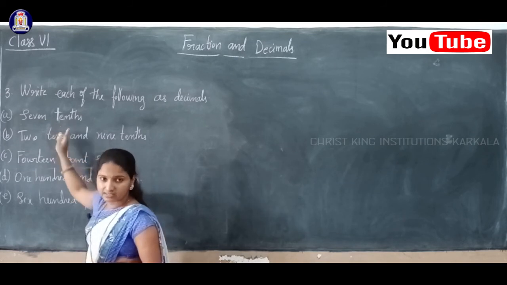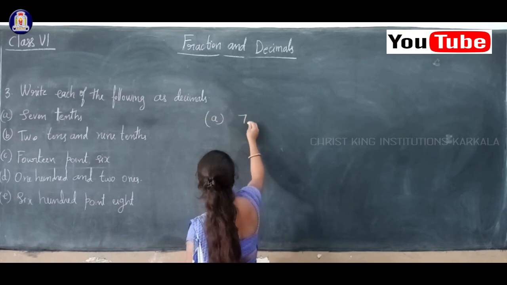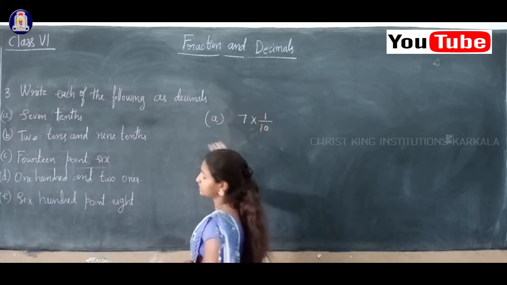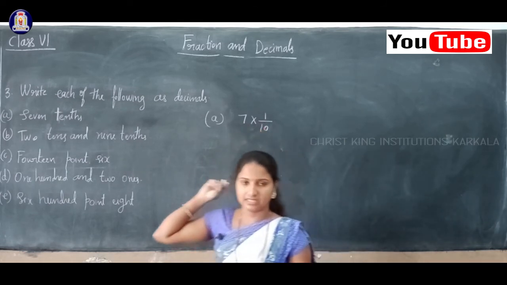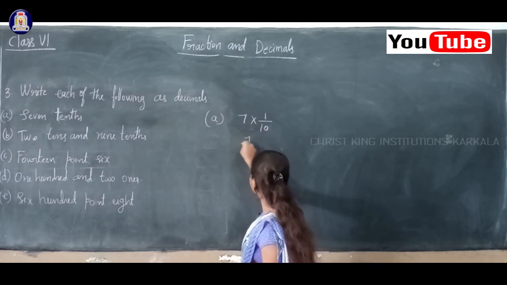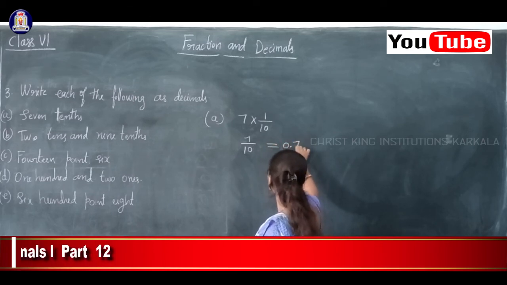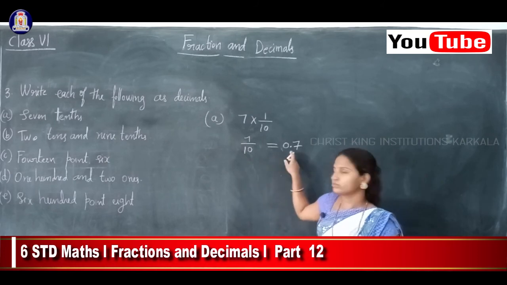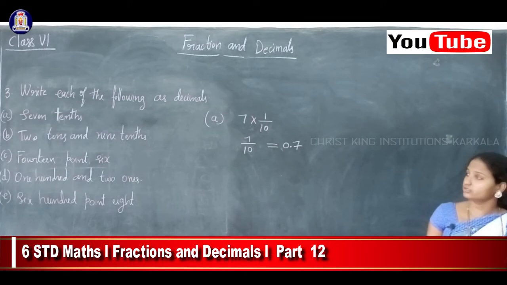That means 7 into 1 by 10, which is 7 by 10. The value of 7 by 10 is 0.7. The denominator has a 1 and a 0, so after the decimal point we get one digit. So 7 by 10 is 0.7.